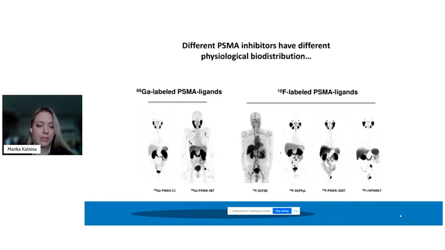That may make it difficult to detect local cancers or local recurrences. That is a reason why we like to move forward to use more fluorine-18 labeled PSMA ligands, as it is metabolized more through the liver, urine activity is quite rare, and we can more clearly see the prostate bed, the prostate itself.